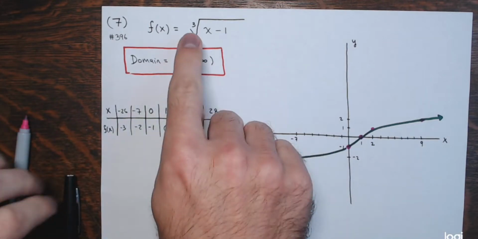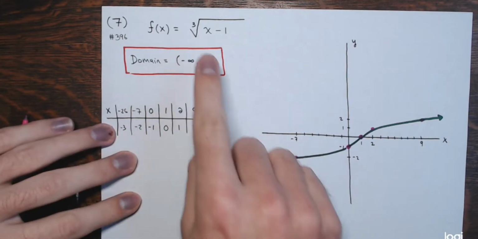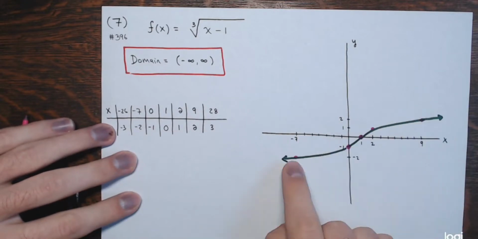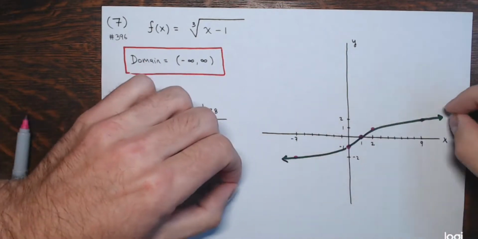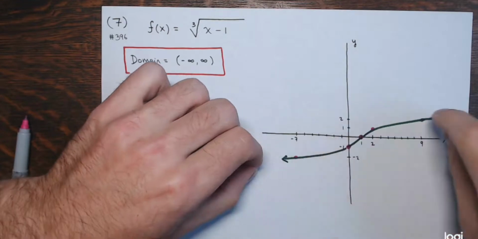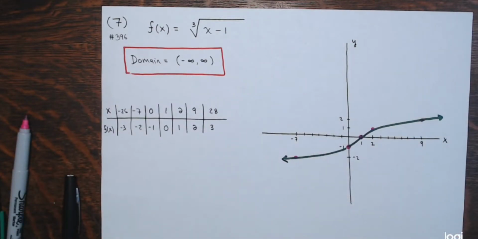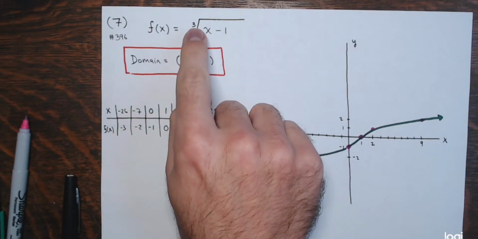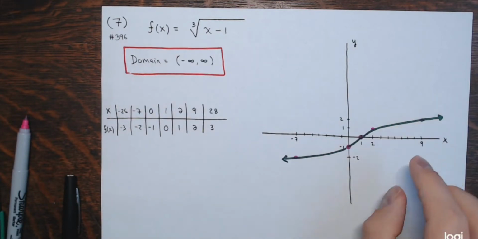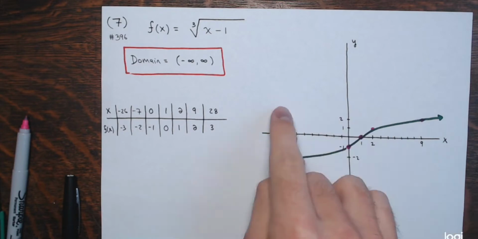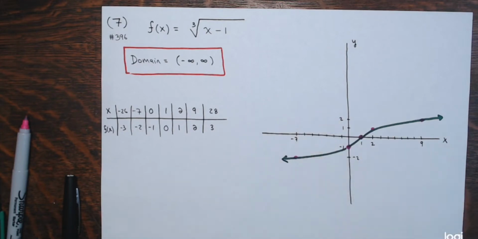And every cube root function will look like this, kind of like a very stretched out S shape. I mean, this is a very elongated S shape. All right. But every cube root function will have this kind of a shape. Now it's either going to be an S that way or a backwards S, but it'll have some sort of stretched, elongated S shape.